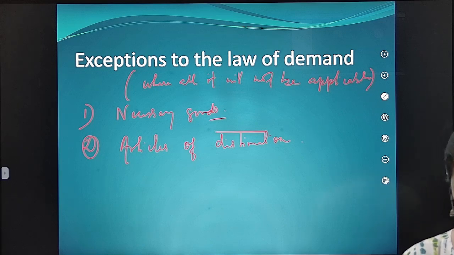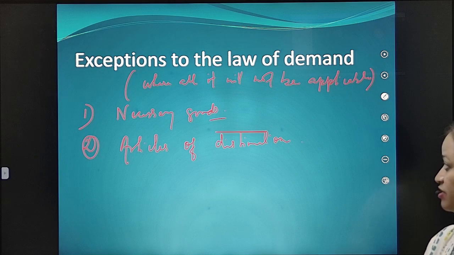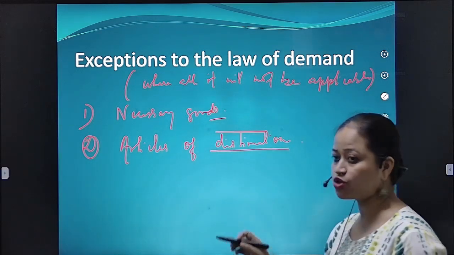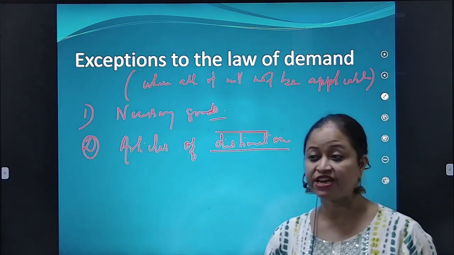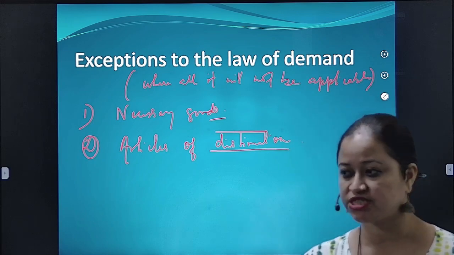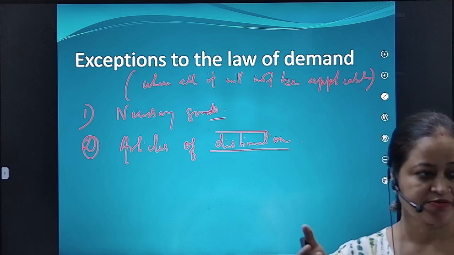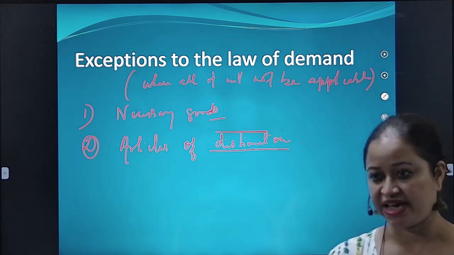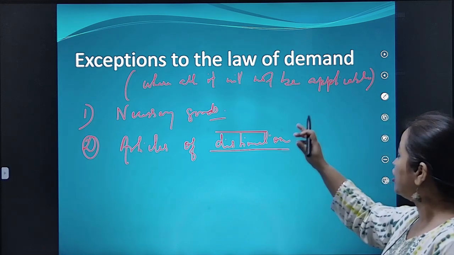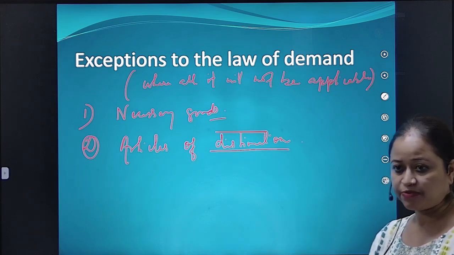Okay? So there are some class of people who like to buy the articles of distinction or the antique pieces, even if the prices of all those rare goods are very high. Still people will buy. So in this case, your law of demand will not be applicable.